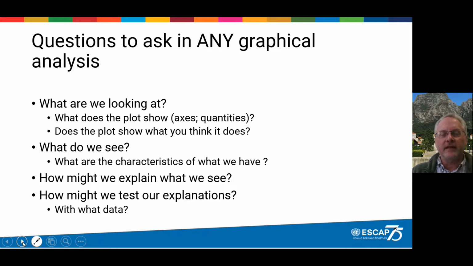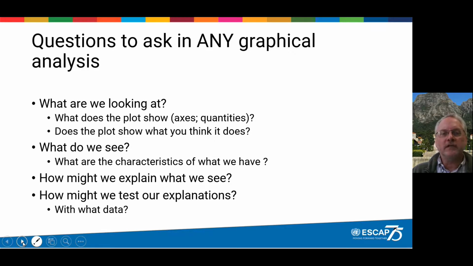Once we are satisfied that we understand what we are looking at, we then look at the plot and ask ourselves, what are we seeing? Are there anomalies, differentials, discrepancies, possible ideas of sources of error in the data? And we look at what characteristics exist in that plot which we have before us.